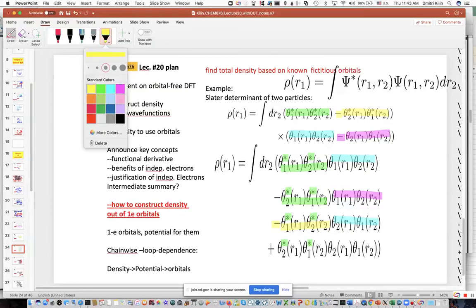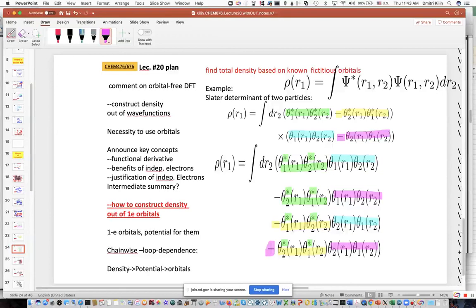And for the last term we get the second pair with star and the second pair without star. And because they both have minus, the overall sign is plus. Okay?